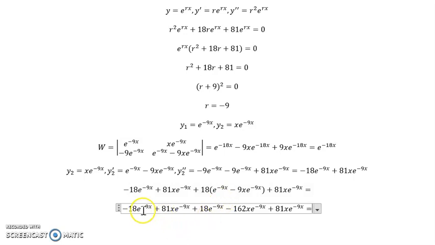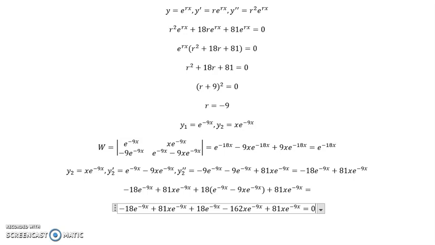Negative 18 e to the negative 9x and positive 18 e to the negative 9x cancel. And here we have 81x e to the negative 9x and another positive 81x e to the negative 9x. And 81 and 81 make 162, and this is the negative version. And so this does, in fact, simplify to 0.